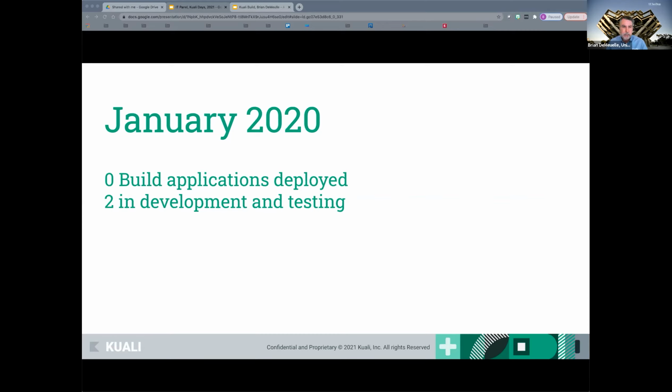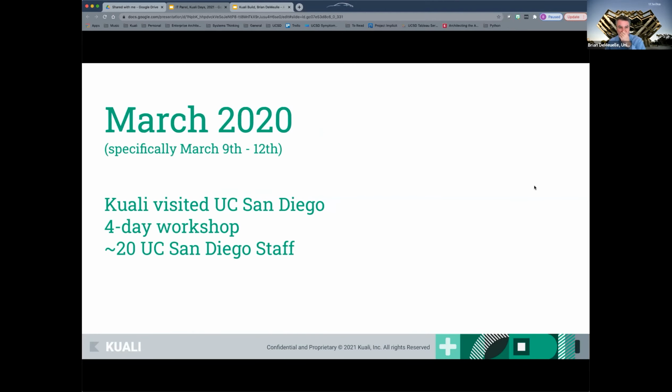In March of 2020, which all of us will remember for quite a long time, and specifically March 9th through 12th, a group from Kuali visited San Diego, and we did a 4-day workshop that included about 20-ish staff from the UC San Diego location.